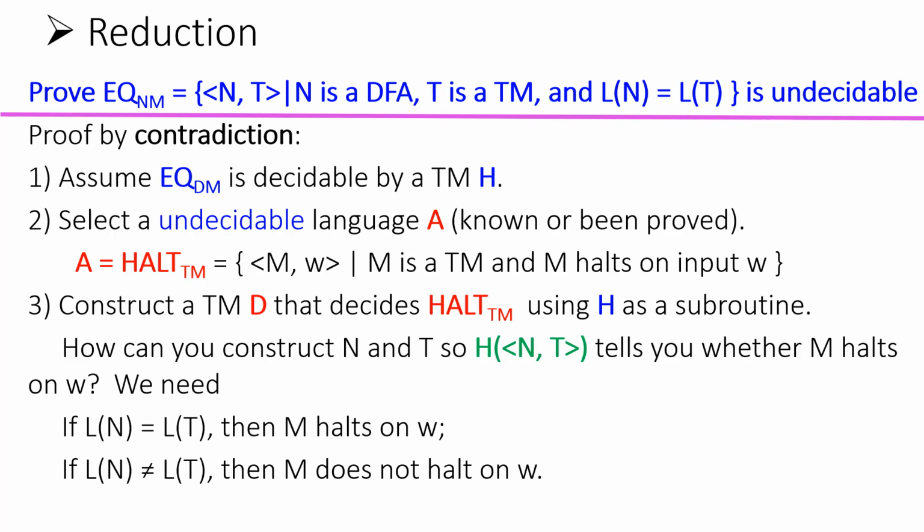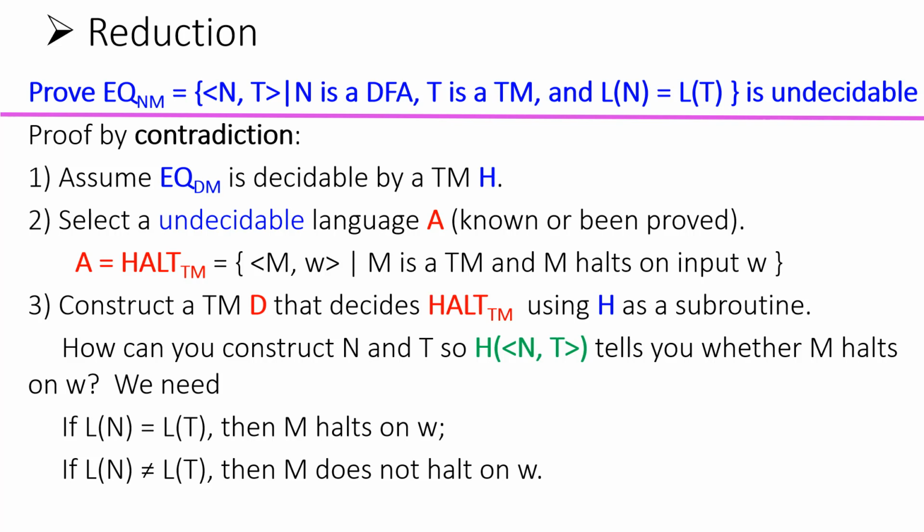In the third step, we try to construct a Turing machine D that decides HALT_TM. This step needs some thinking. We need to figure out how we construct N and T so that running H on ⟨N, T⟩ tells us whether M halts on W or not.